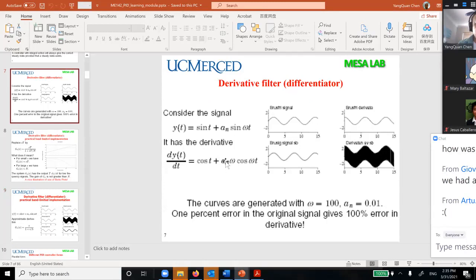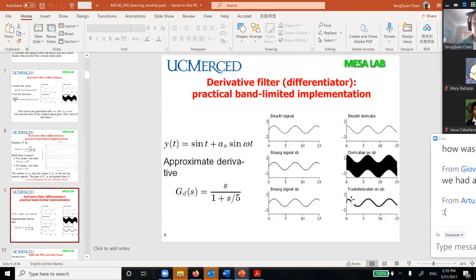Your omega will show up, and if omega is high, then this is like 100 times. So that's the problem, so we need to do filtering, like going through a low pass filter. So it's an ideal or pure differentiator cascaded with a low pass filter. This together is called a practical differentiator.